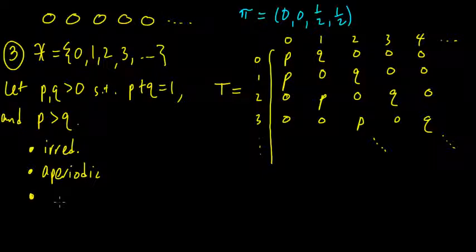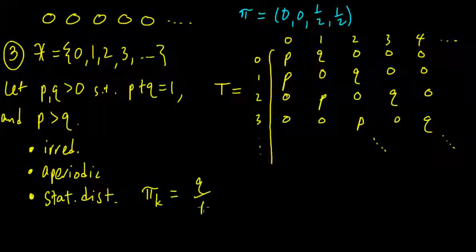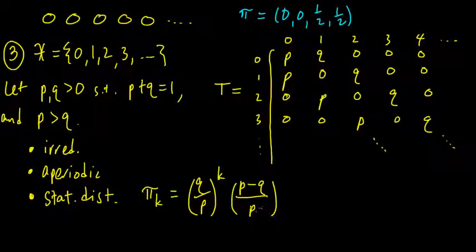So it's aperiodic, and in fact, it also has a stationary distribution, and the stationary distribution is the following. Pi k equals (q over p) to the k times (p minus q) over p. And this is for all k equals 0, 1, 2, and so on.